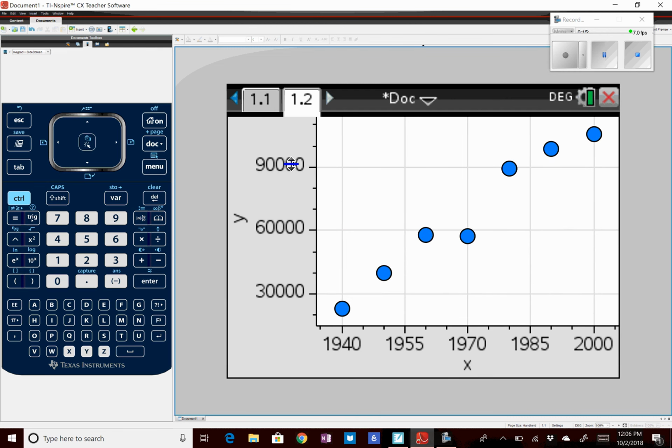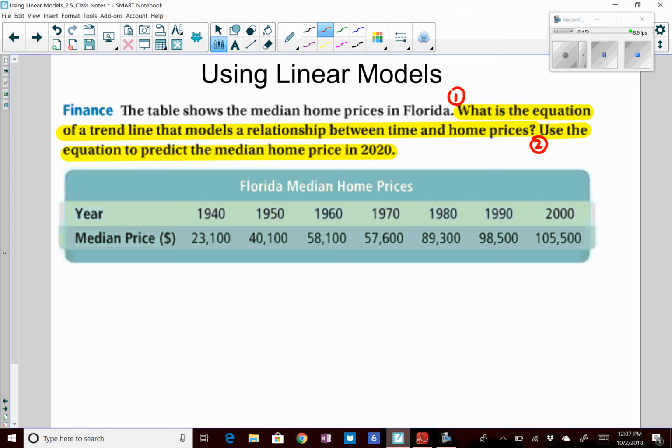So let's go back and write down the equation. The equation is y equals 1411.43.